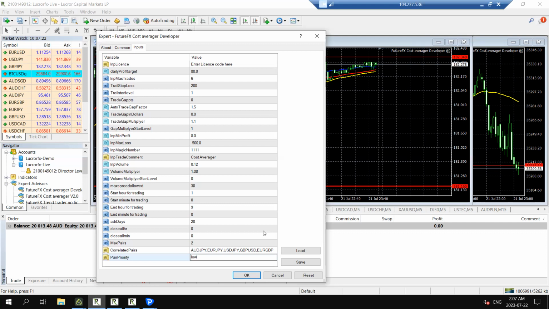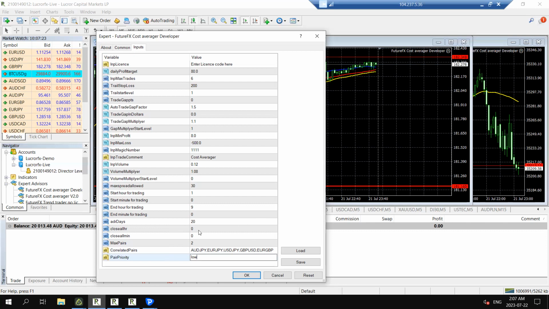And then you might have, say, 3 GBP pairs with the software on it. You want to give one high priority, one medium priority, and one low priority. So as you can see, it would be best not to have more than 3 closely correlated pairs at once, so that you can just prioritize low, medium, and high. And that should keep everyone on the straight and narrow.